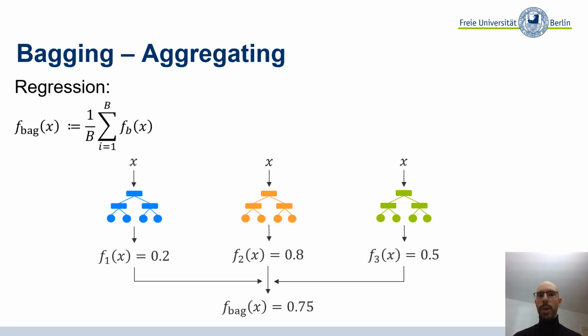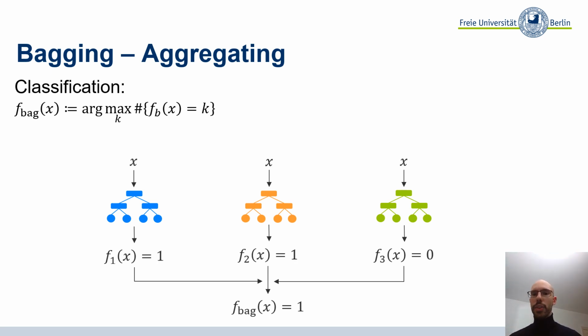So let's assume we now get a new input point x which we want to predict. Our first model f1 predicts 0.2, f2 predicts 0.8, and f3 predicts 0.5, and the average of all those predictions is 0.75. So that is our final prediction for that data point.